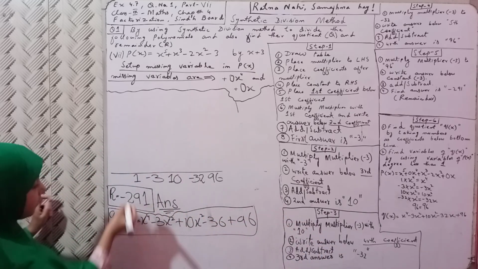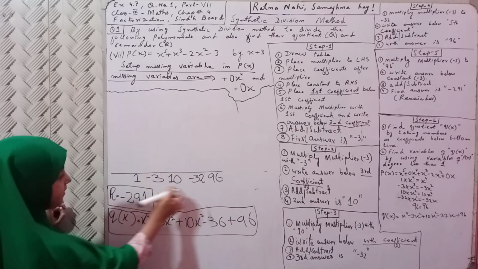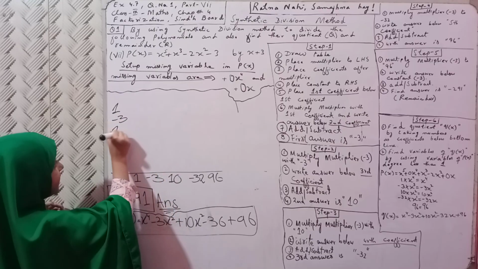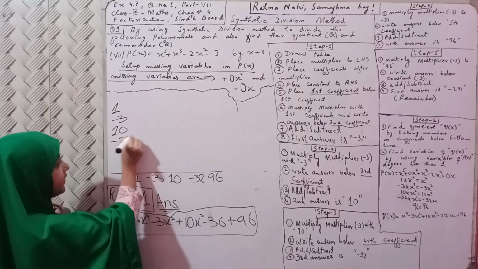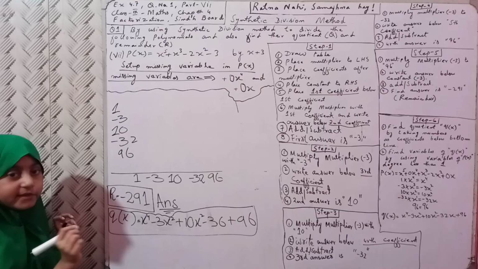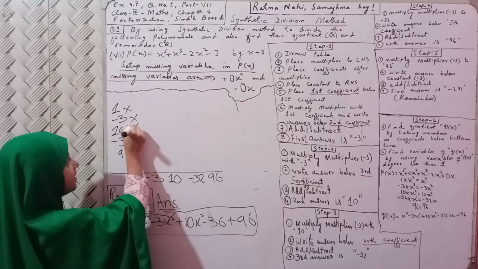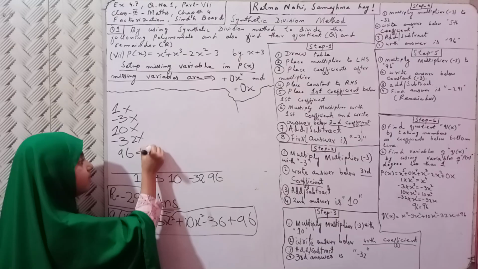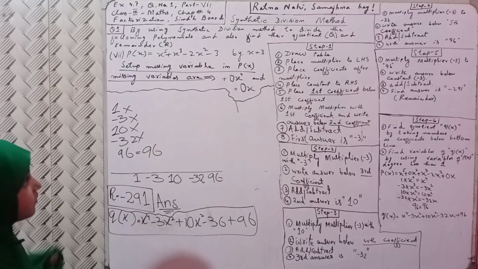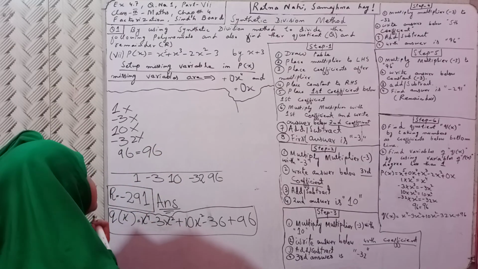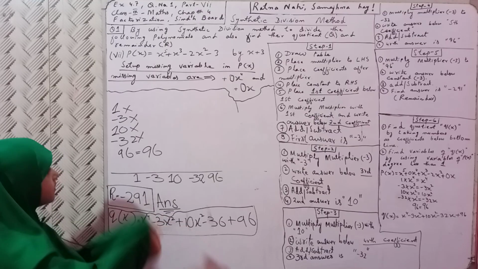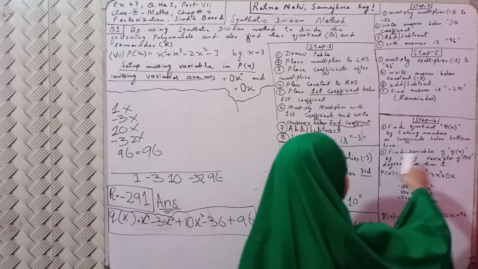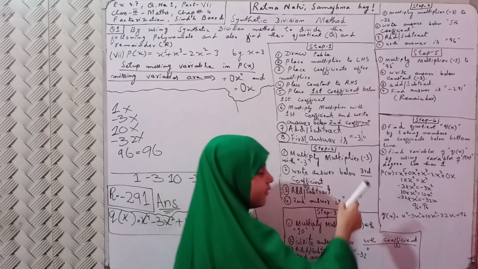Now, first of all, here will become these numbers: 1, minus 3, 10, minus 32 and 96. Done this, then multiply. This here will not get multiplied, so this will stay as it is. This is the constant, that's why. So find the quotient Q(x) by taking the numbers as coefficients below the bottom line. Understood?